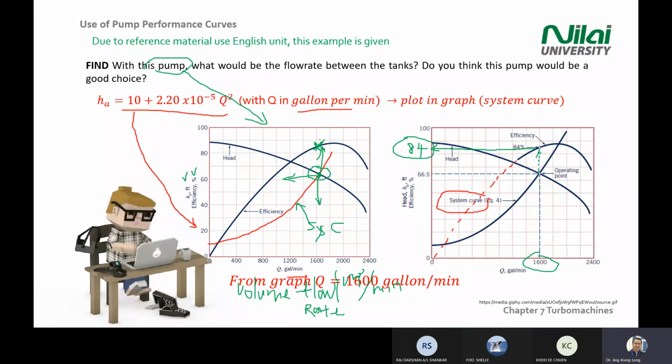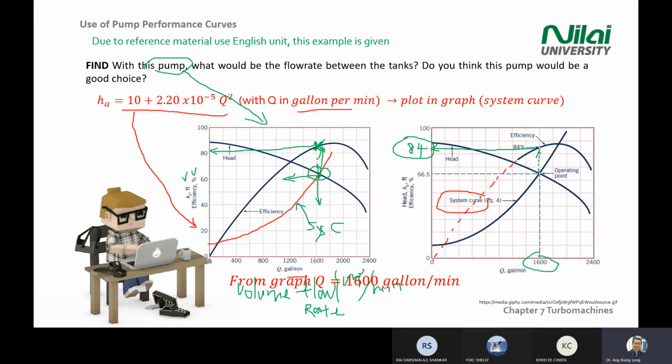Then back to the question I asked you just now. This point goes up, hits what line? Efficiency. So once you hit efficiency, you project to the left. What reading are you reading? Head or efficiency? Efficiency, right?